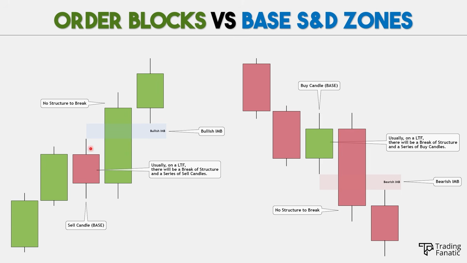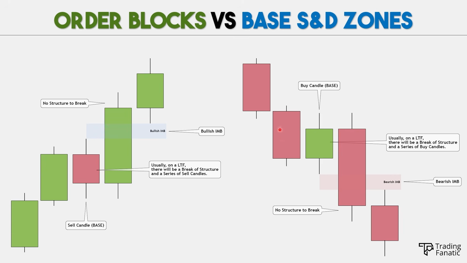But in that case, you're having that sell candle and you're having an imbalance, but you don't have a structure break. Now, in a lot of cases, especially in trending markets, I will always take these kind of candles, because usually if you imagine this is your 1-hourly time frame, if you drop to a 15-minute time frame, there will be a series of sell candles and there will be a break of structure. Okay, so I still believe that these base supply and demand zones are pretty legit.